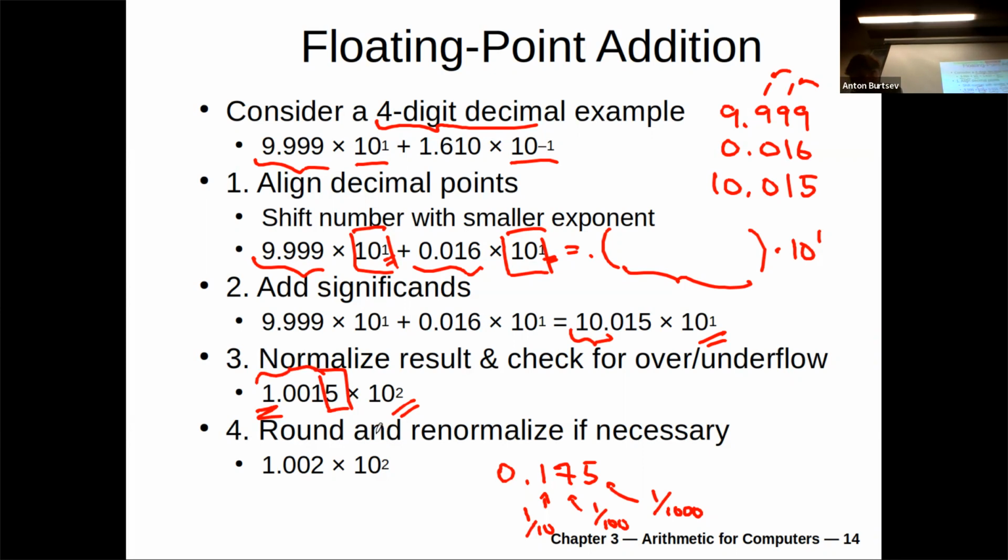The rules of rounding tell us if this digit is 5 or greater, then we round up the next digit here. So this is what hardware is doing, and this is the result of this addition. So essentially 1.002 times 10 to the power 2, right?